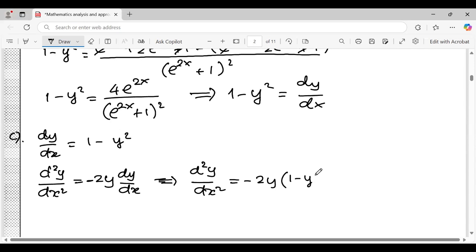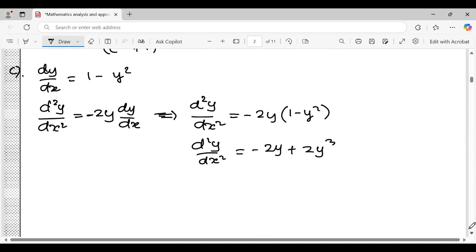So the second derivative equals minus 2y multiplied by (1 minus y squared), which is minus 2y plus 2y cubed, because minus times minus becomes plus. And it's going to be the second derivative equals 2y cubed minus 2y. This is part 1. Part 2.